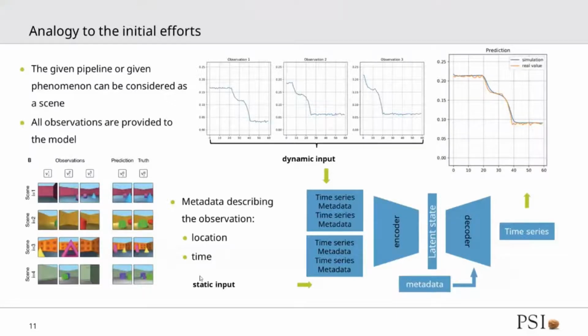And our metadata describing the observations are now not the position of a camera and the orientation, but the position where we want to measure the pressure and the time. So we introduced another dimension, which is time, which is very useful since we can predict future values as well using the same model.